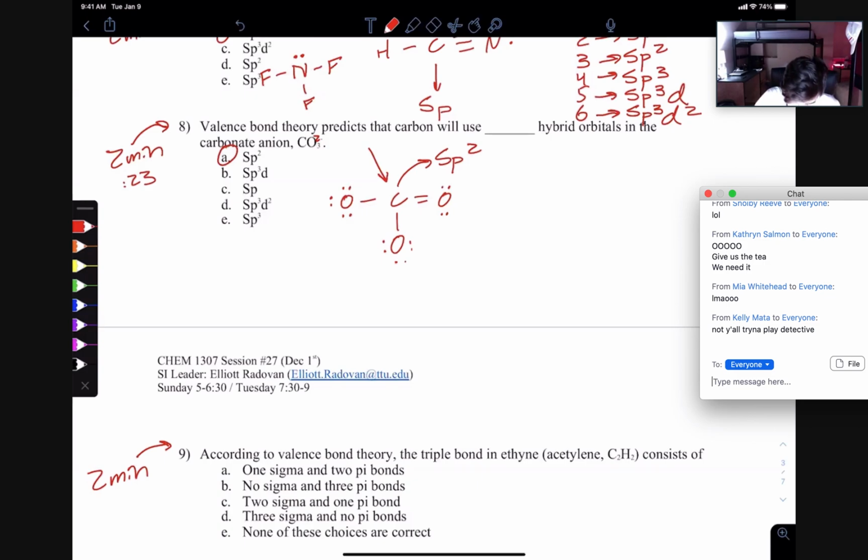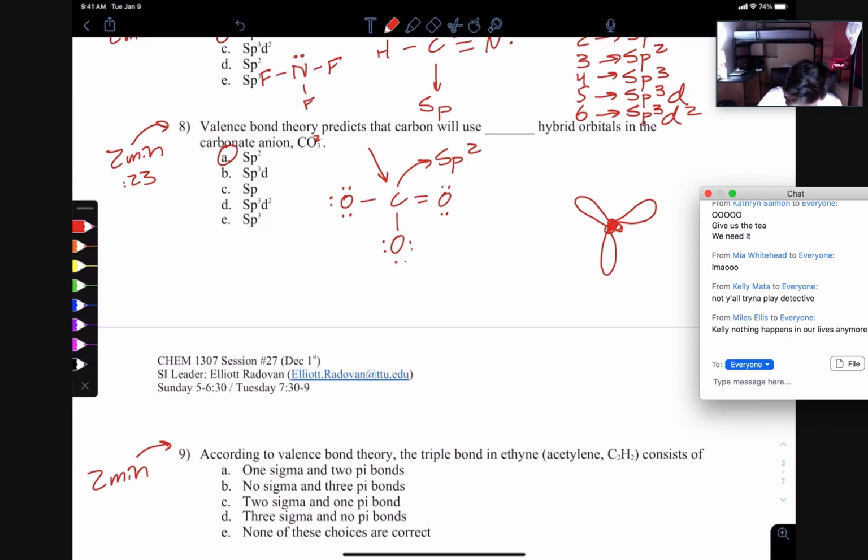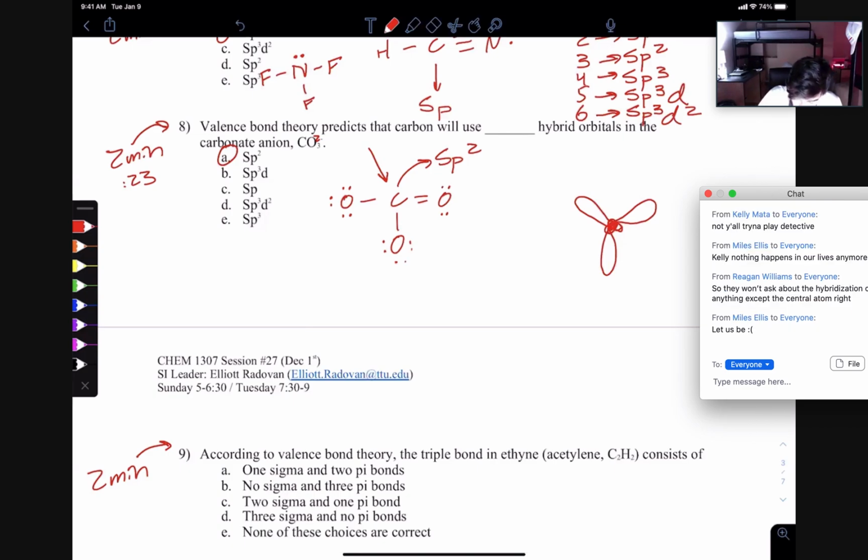What's happening is you have this carbon here, and it's going to stick off these little sp2 orbitals. It's going to look something like this. I'm just a terrible drawer right now. Those are our sp2 orbitals, and they're going to bond with the p orbitals of oxygen.